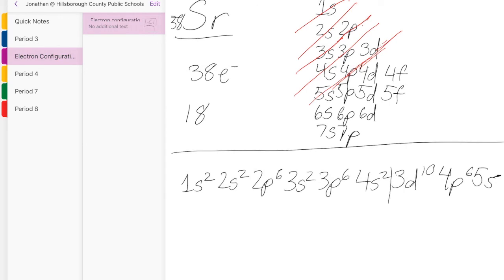With the 10 is 30, plus the 6 is 36, which means that we need 2 more electrons. How many does s hold? s holds 2. So 5s2, let's write that 2, because that's the maximum number, and that's how many you have left. So that works. So we have a total of 38 electrons.